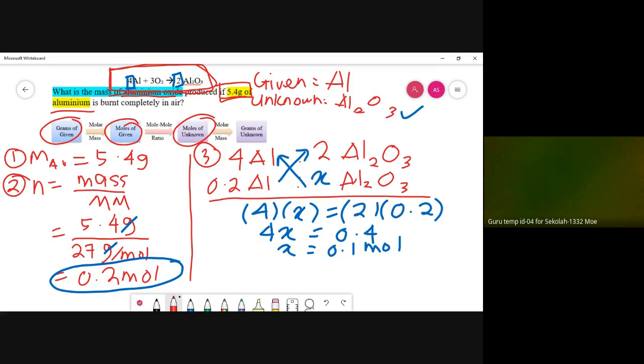Boleh kan? So you will use formula n equals to mass over molar mass. So nanti bila you kira, you will get 0.2 gram.